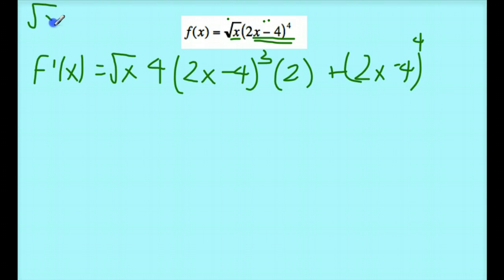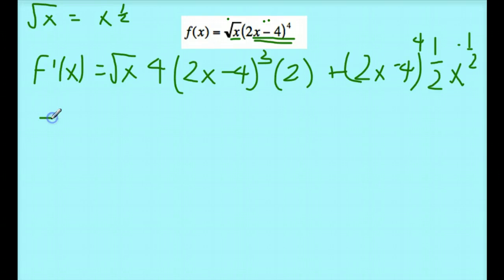So square root of x is the same as x to the 1/2. So if I take that derivative, I get 1/2 x to the negative 1/2. Okay? So what I'm going to do is rewrite these so that I have a denominator present.